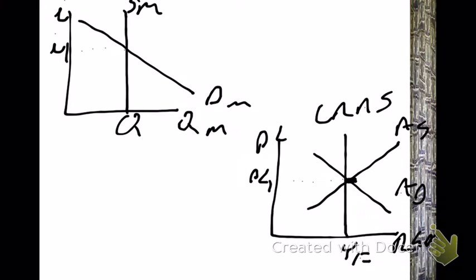So if your interest rates decrease, what happens to your demand for money? Say nothing. Nothing. Good. What happens to your quantity demanded of money as interest rates decrease? It increases, right? So as interest rates decline to here, your quantity demanded of money increases.